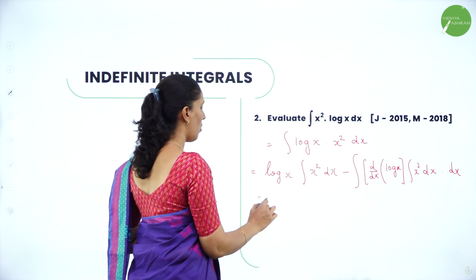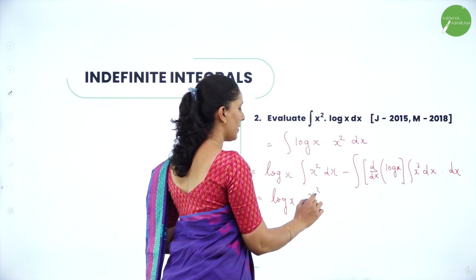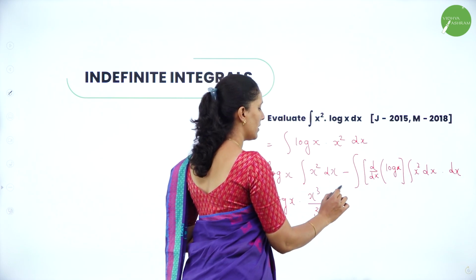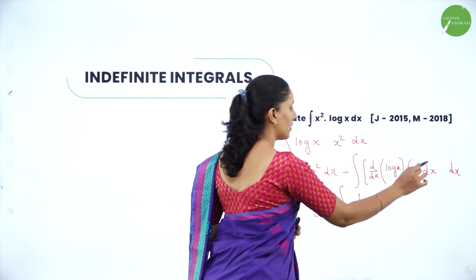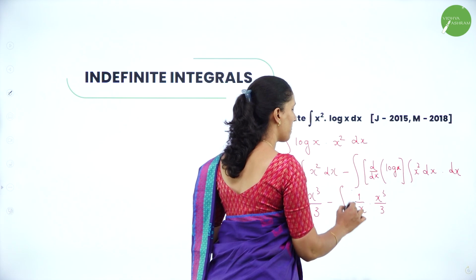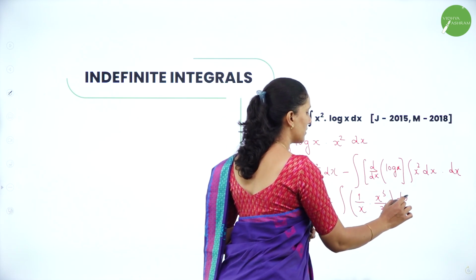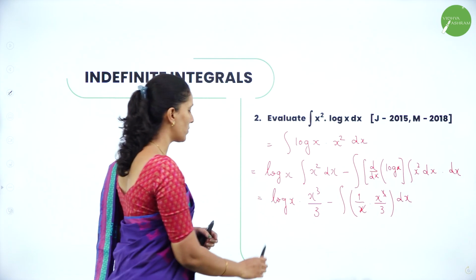So now log x into x to the power 3 by 3, minus integral. Derivative of log x is 1 by x. Integral of x square dx is x cube by 3, into dx. So x and x cancel. We can keep 1 by 3 outside.